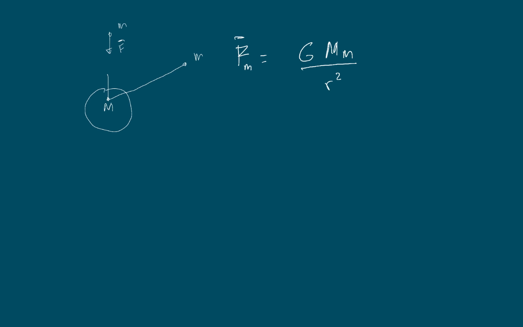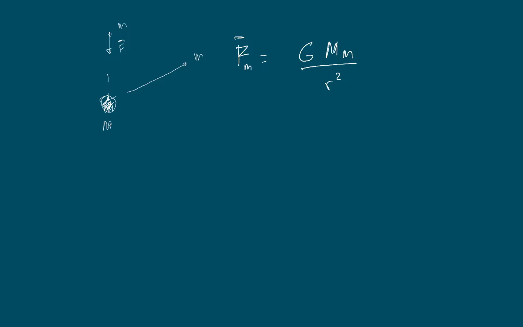Let's imagine that the mass, little m, is almost a point, measured from the center of the big mass M. So the force is on the line connecting the two bodies.